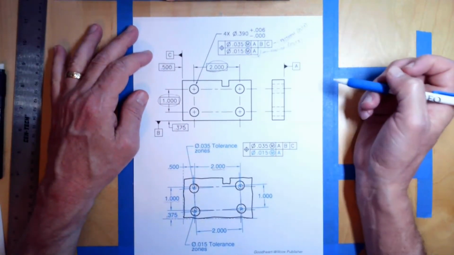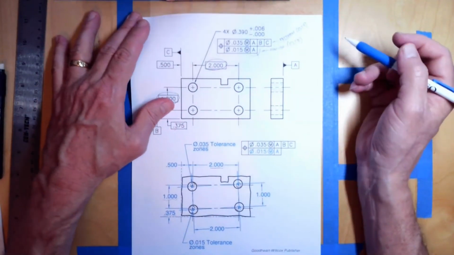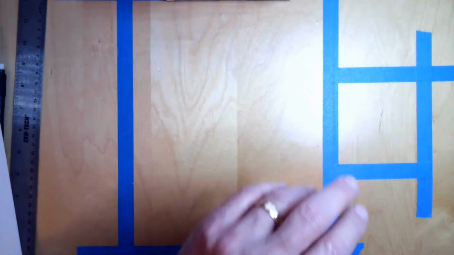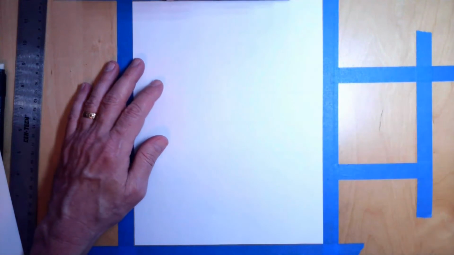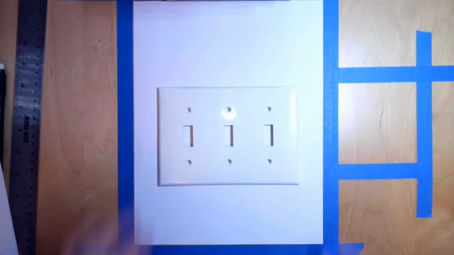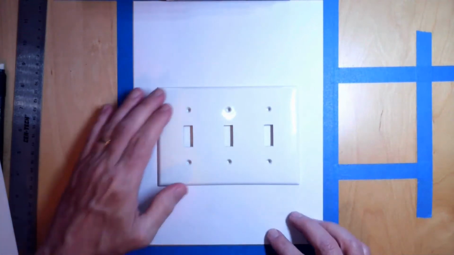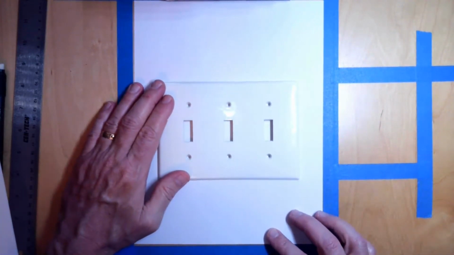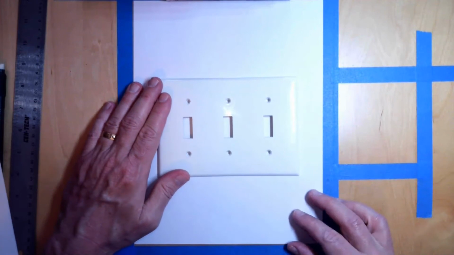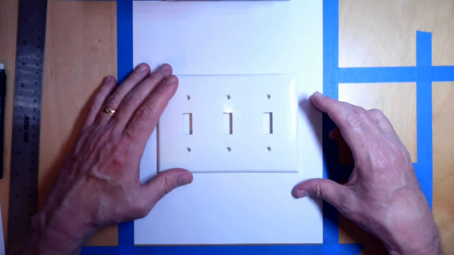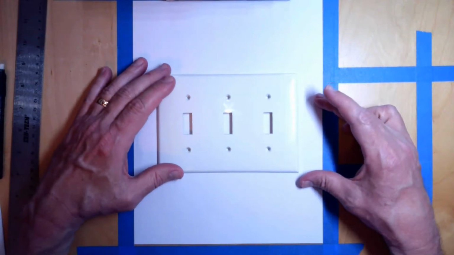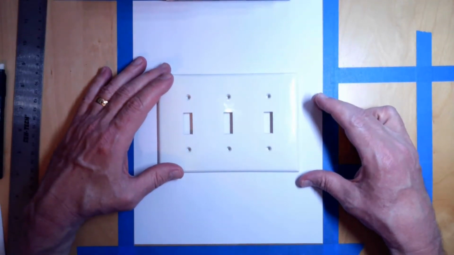Why would we want to do this, okay, with the pattern and the feature locating tolerance zone? Let me bring in a little example here, okay? So let's say that we have a wall, right? This is a wall in our house, and let's say that we want to attach this outlet cover to the wall. Now, what's important about making sure that we can attach this outlet cover properly?